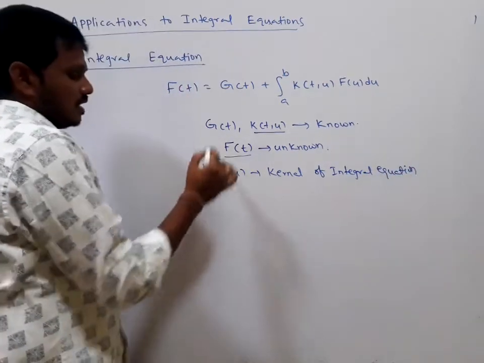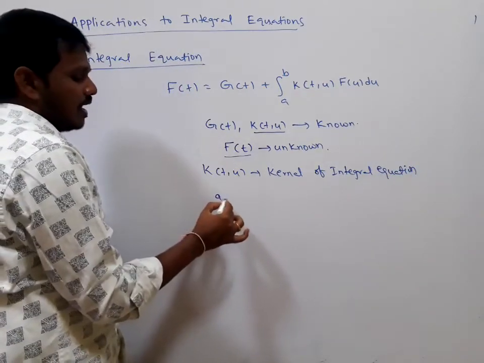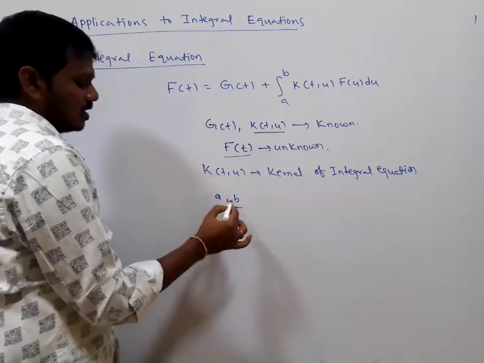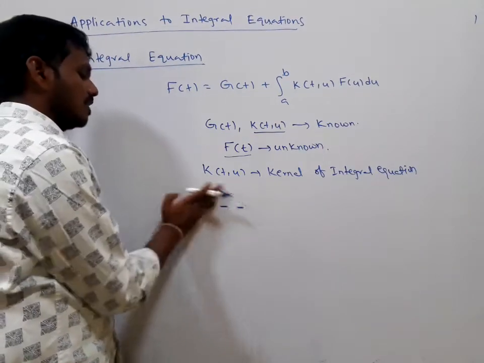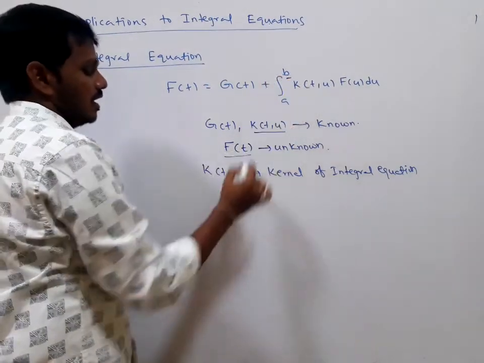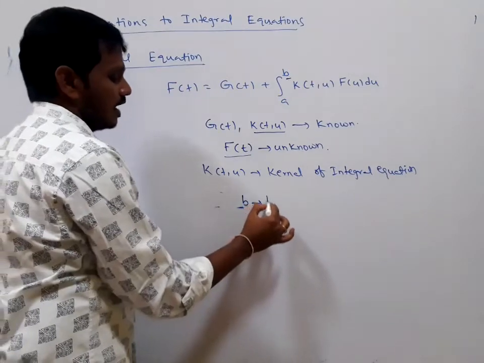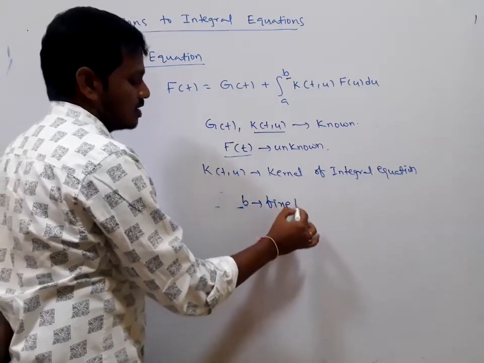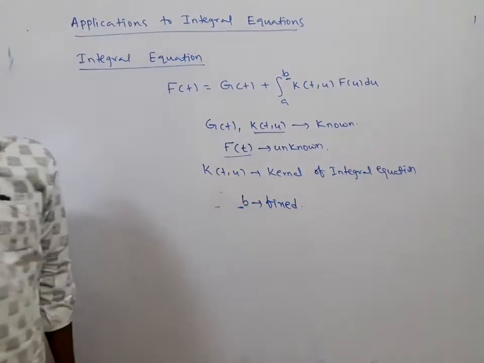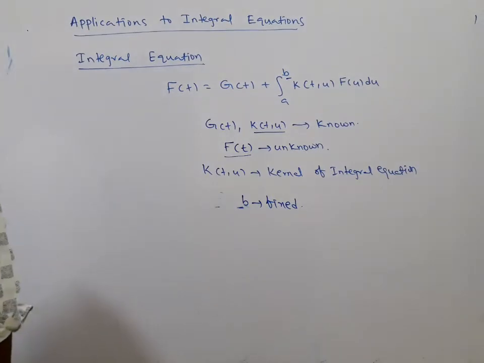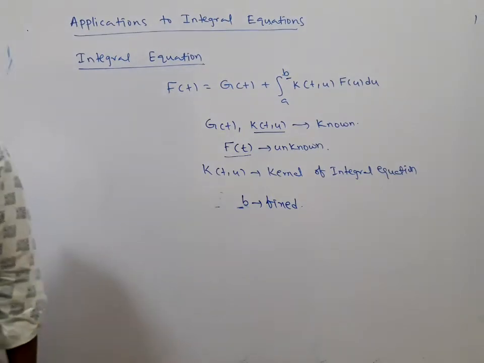If a comma b are two constants, I'm concentrating only on the upper limit, that is b is fixed and constant.